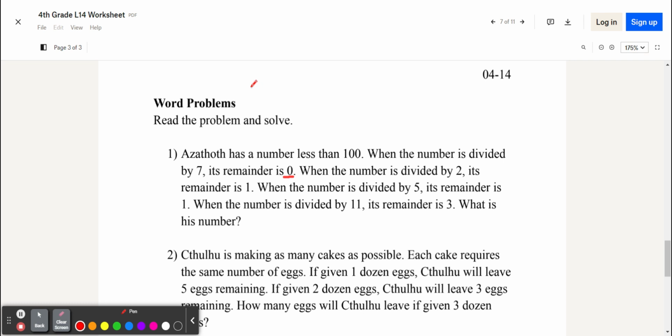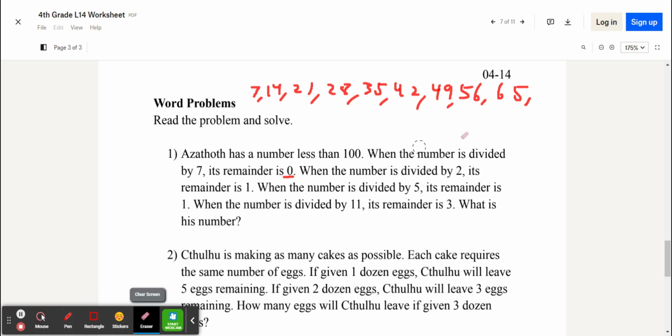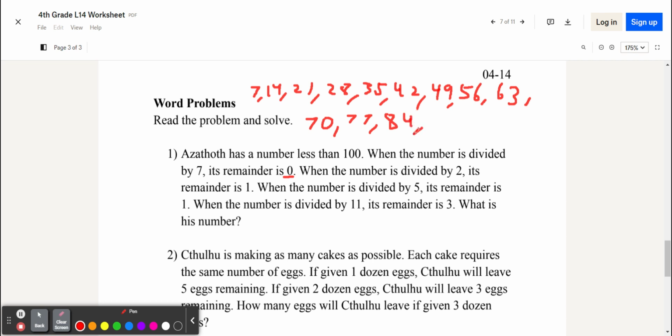So I will just write them all out right here. 7, 14, 21, 28, 35, 42, 49, 56, 63, and then 70, 77, 84, 91, and lastly 98.